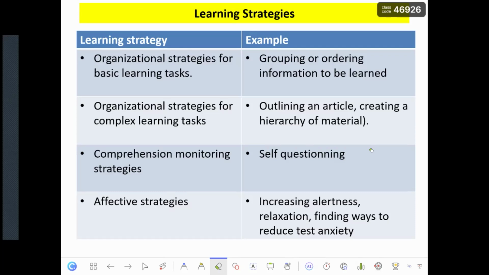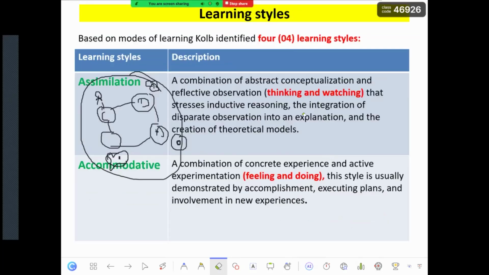Simply, for example, you are reading this, a combination of abstract conceptualization. What does it mean, abstract conceptualization? You don't understand what it is. Then you go to Google and ask, or you go to an LLM and ask, right? What is abstract conceptualization? Then you self-question, what is this? And then, without going further, you try to answer that self-question.